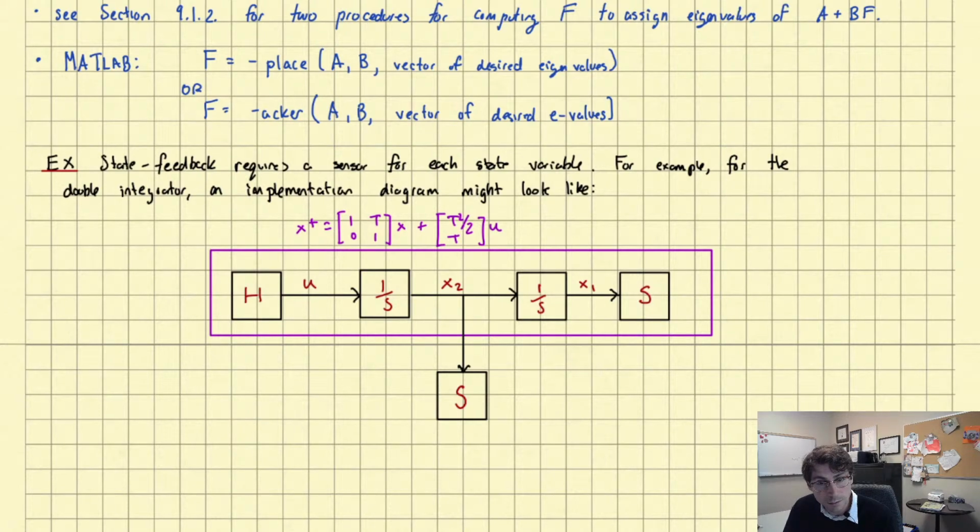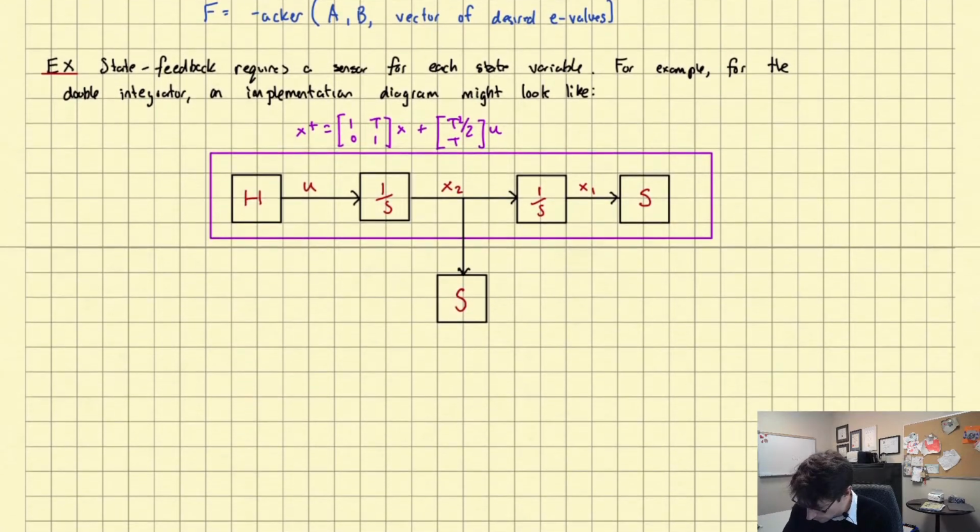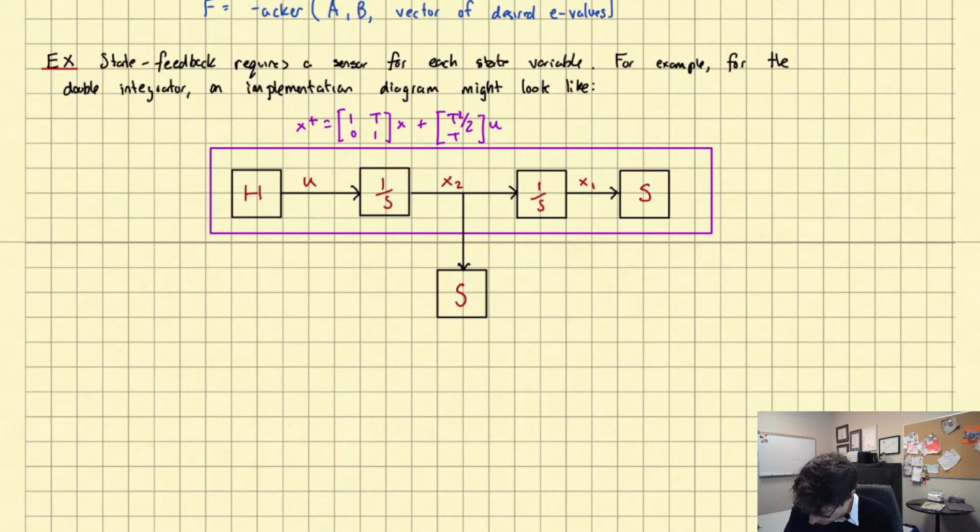And then we would take x1 and we would take x2 and we would multiply them each by the designed gain. Okay, and so let me do that like so. So there's quite a few blocks, but bear with me.